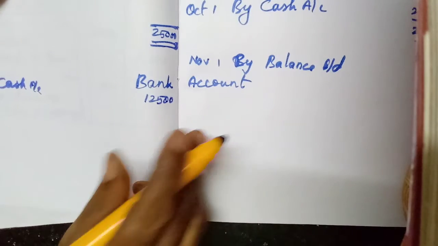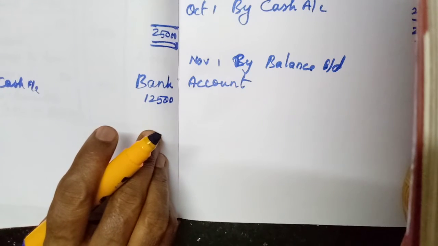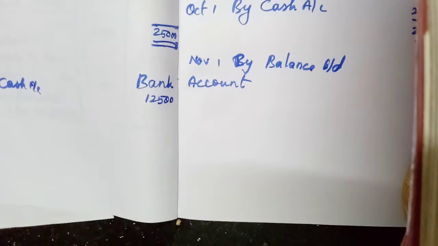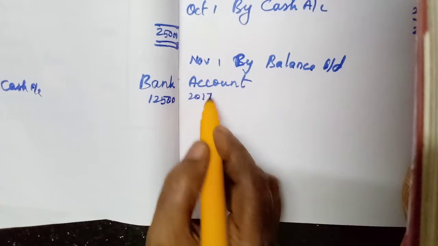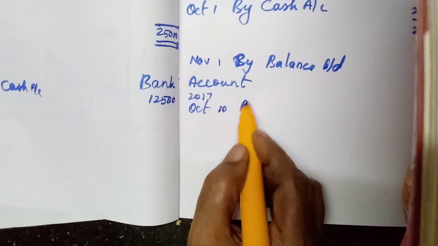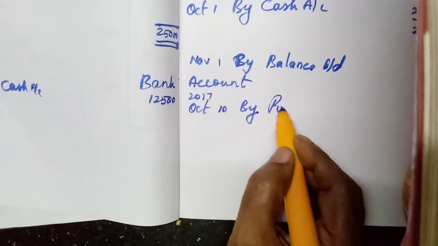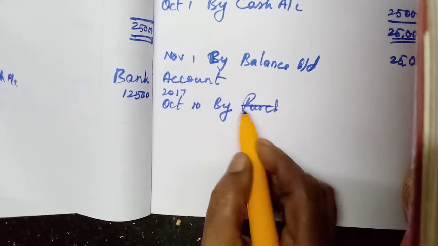Then the next one, the 10th, purchased furniture and payment made by check. So furniture account debtor to bank. So bank is credited, so we should enter on the credit side. By furniture account.